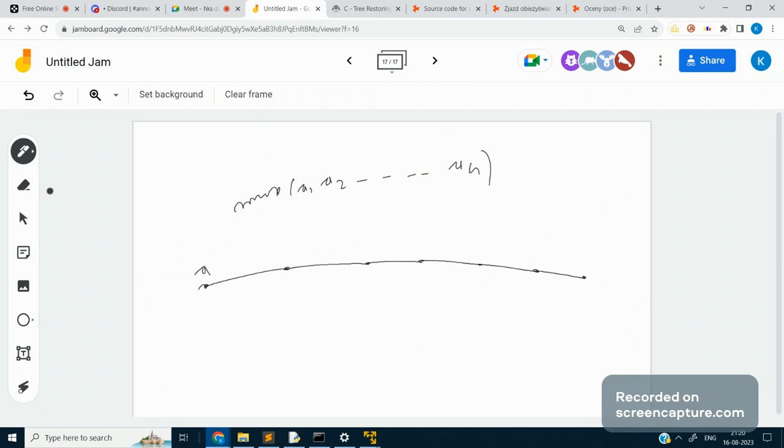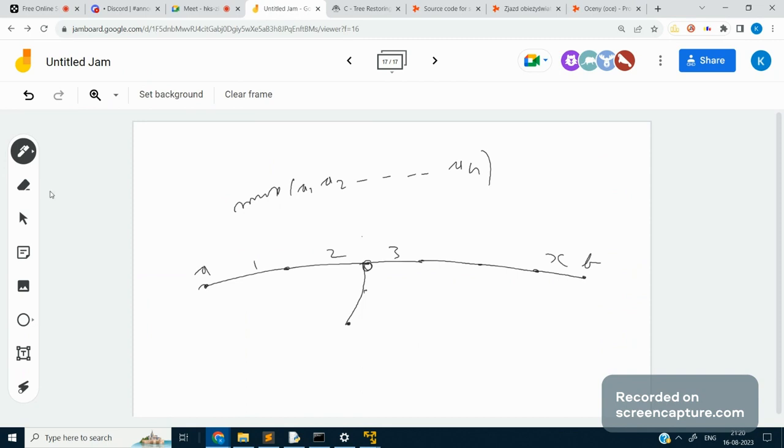Let these vertices be a and b, and let the length be say x. So these are x edges, and so x plus 1 vertices.